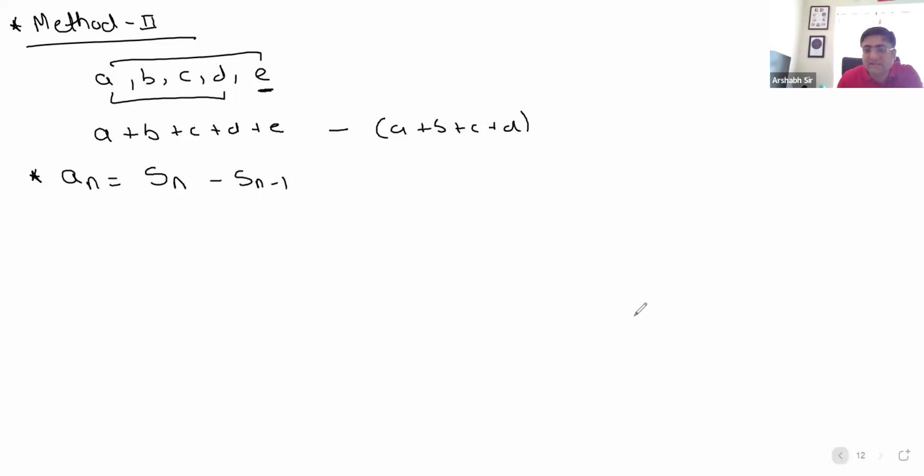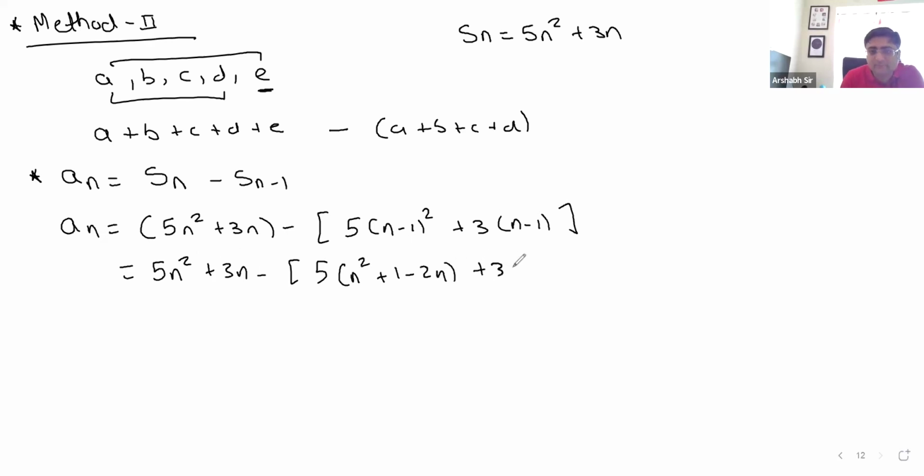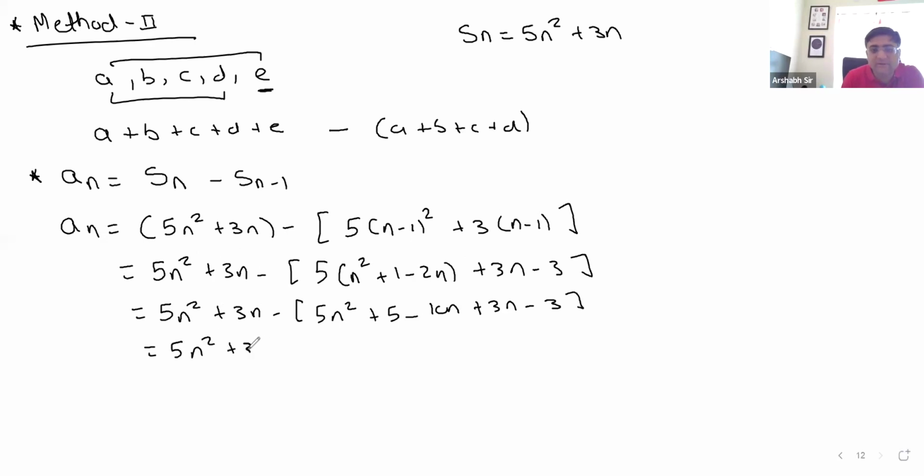So look, what was Sn given here? 5n square plus 3n. So here what will my an become? Sum of n numbers, that is 5n square plus 3n minus S(n minus 1), right, 5 times (n minus 1) the whole square plus 3 times (n minus 1). So 5n square plus 3n minus 5 times (a minus b) the whole square is a square plus b square minus 2ab, plus 3n minus 3, that is 5n square plus 3n minus 5n square plus 5 minus 10n plus 3n minus 3, that is 5n square plus 3n minus, we have 5n square minus 7n plus 2.